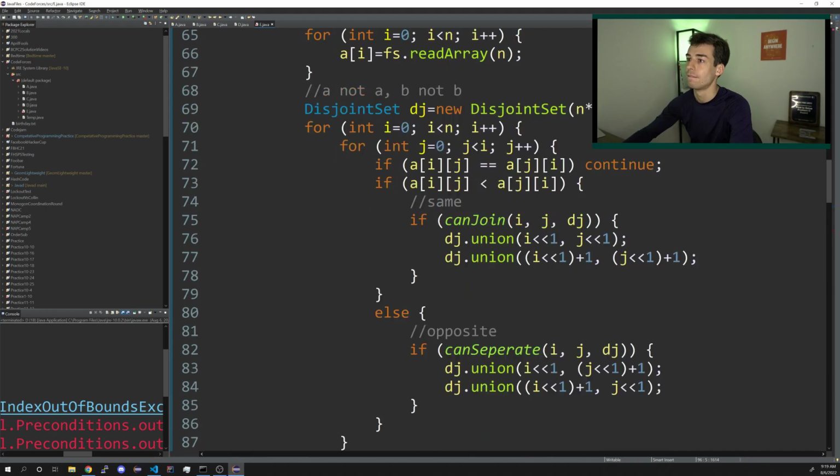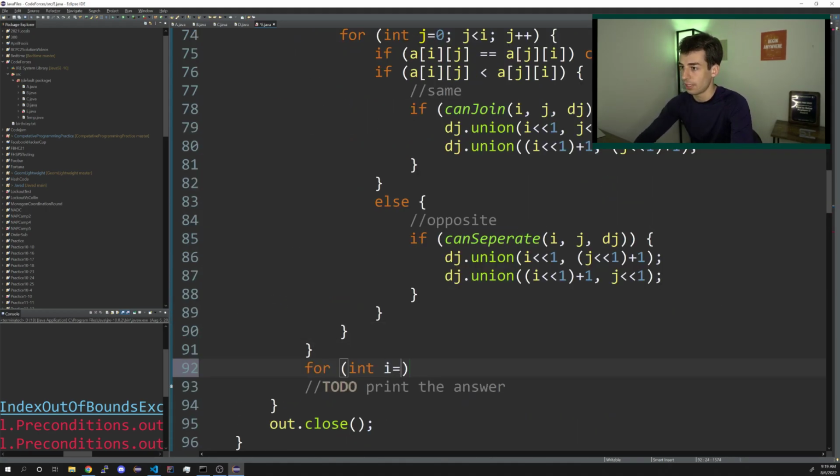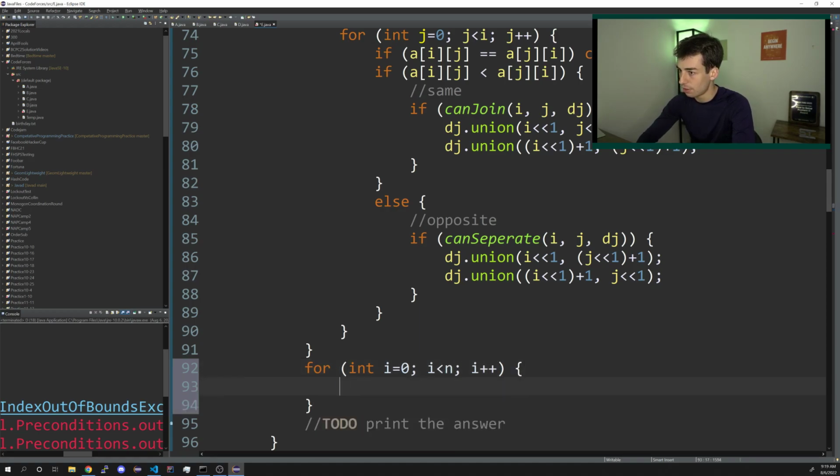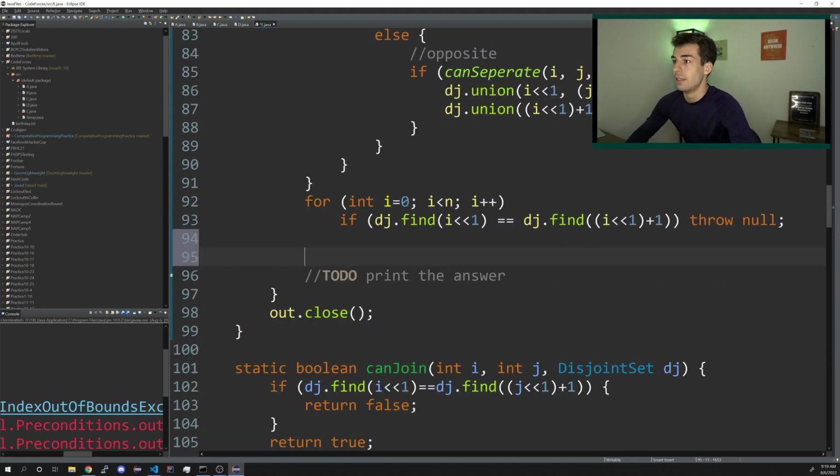So then we'll say for i equals 0, i less than n, i plus plus, if dj.find(i left shift 1) is equal to dj.find(i left shift 1 plus 1), then print null. And otherwise, we need to print the answer.